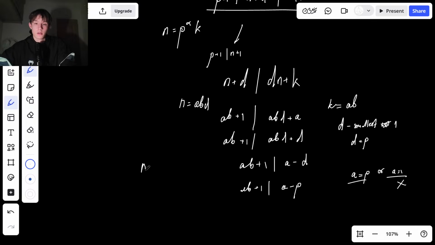So we got that n is equal to p squared times, and also we got that p plus 1 divides n plus 1. That's what we got as well.